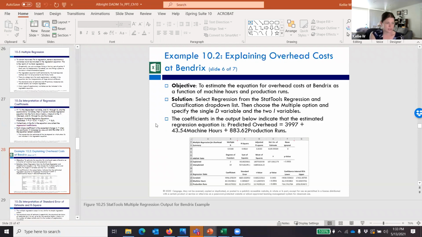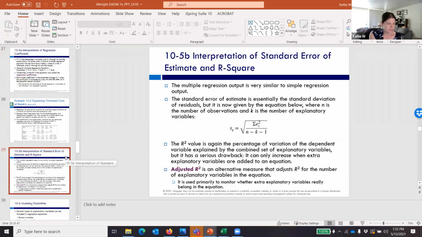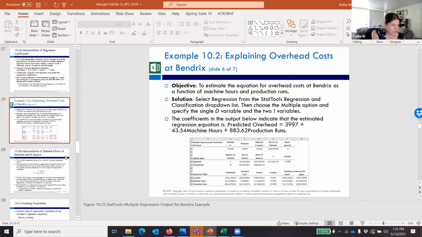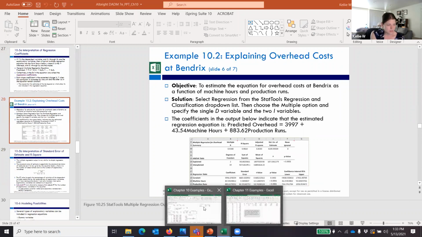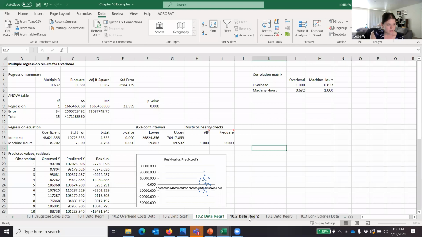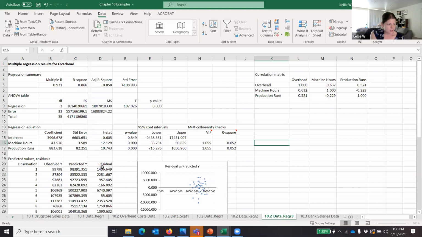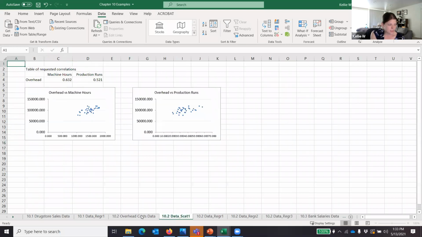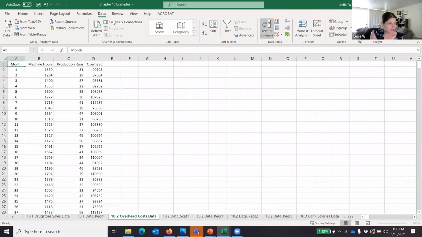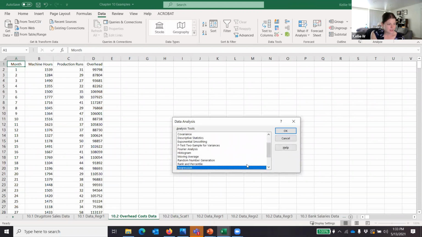Okay, so let's go back to our example and try to predict overhead with machine hours and production runs. Let's go back to our data for a second. For regression, we go to Data, Analysis.